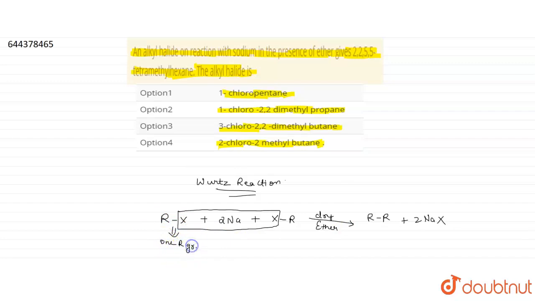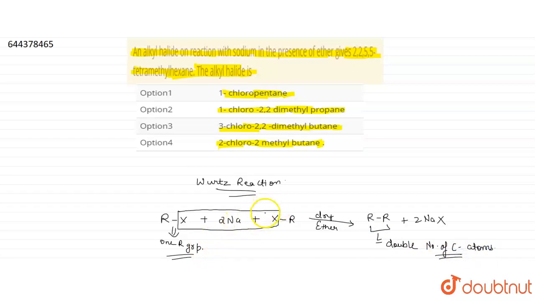One alkyl group is present in this alkyl halide, and this alkane has 2 R groups, so double the number of carbon atoms from that in the alkyl halide. I hope you guys are understanding.